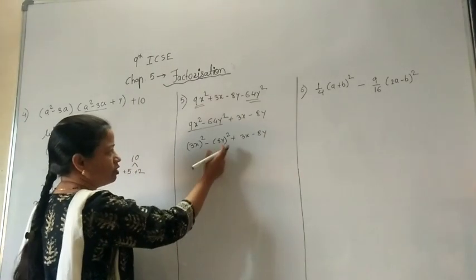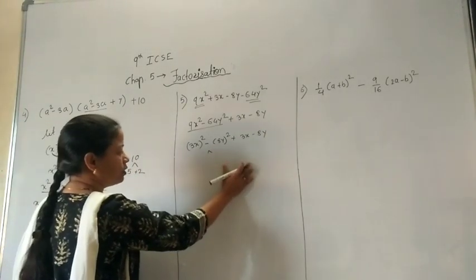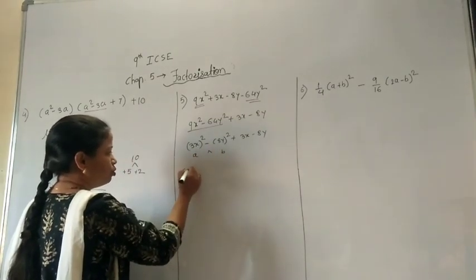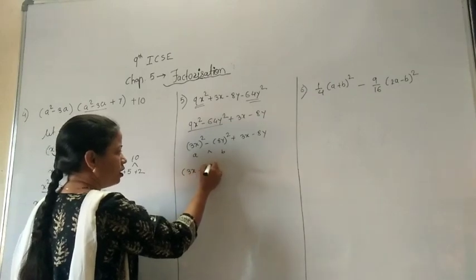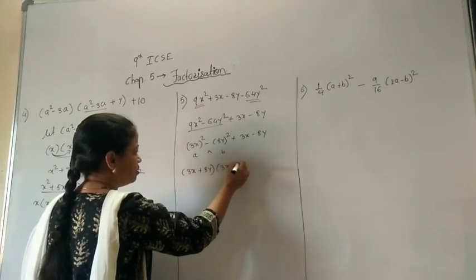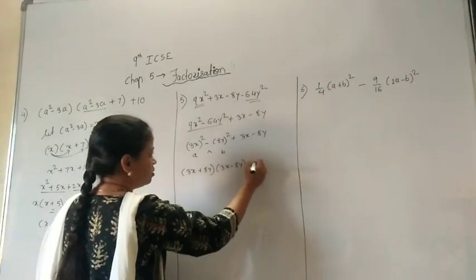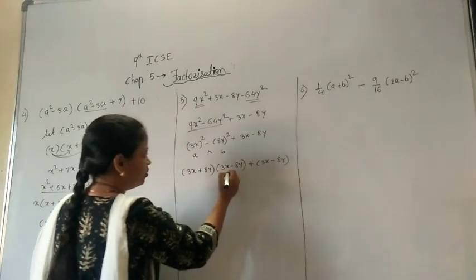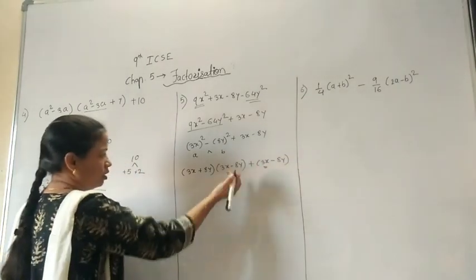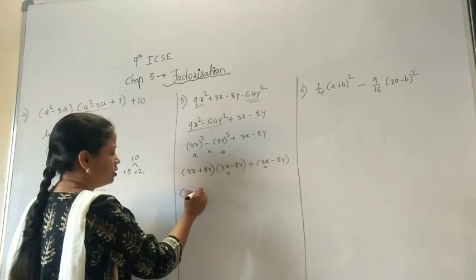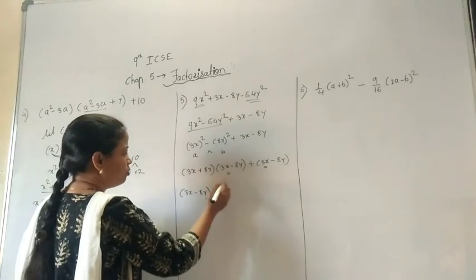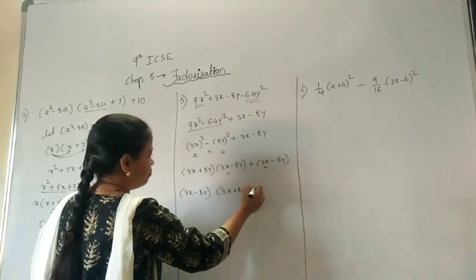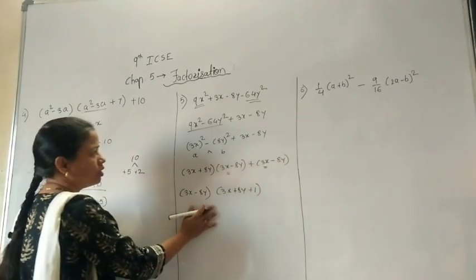Now factorizing like a square minus b square, a plus b, a minus b. So this term is a and this term is b: 3x plus 8y and 3x minus 8y. This term as it is, 3x minus 8y. Now we have this term common. Take common 3x minus 8y, and what is left out? 3x plus 8y plus 1. So this is your answer.